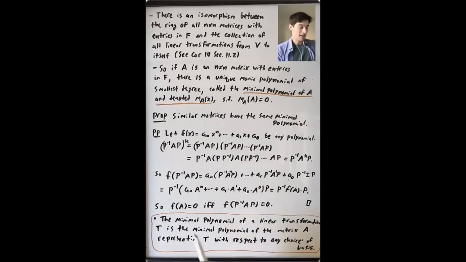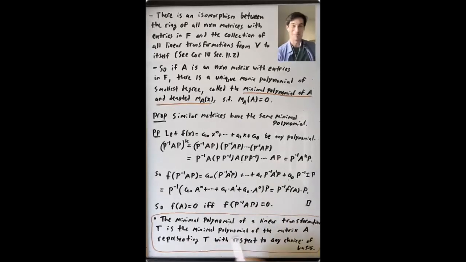What we're seeing is that the minimal polynomial of a linear transformation T is the minimal polynomial of a matrix A representing T with respect to any choice of basis. That linear transformation and that matrix have the same minimal polynomial no matter which basis you pick.